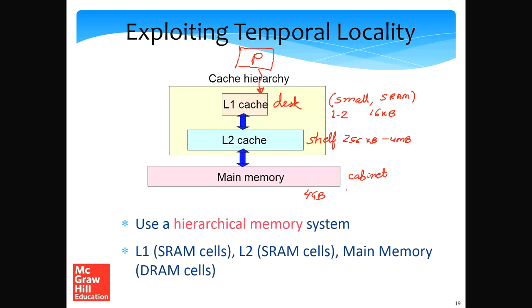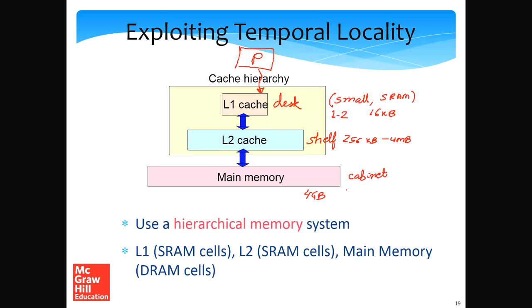So the same way that she had a desk, a shelf, and a cabinet, we have a hierarchy of memory structures. We have a very small and very fast one, typically 16 to 32 kilobytes, called the L1 cache. A cache means it's a section of the memory. What a cache means is that it is a small subset of the overall memory.